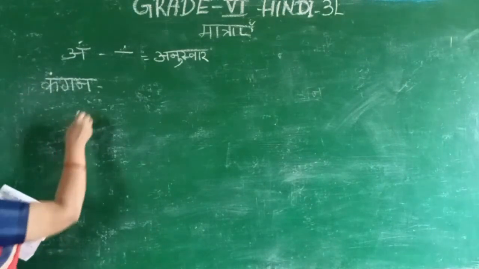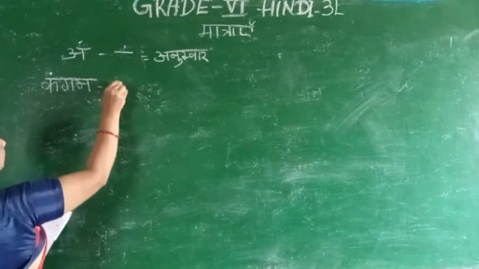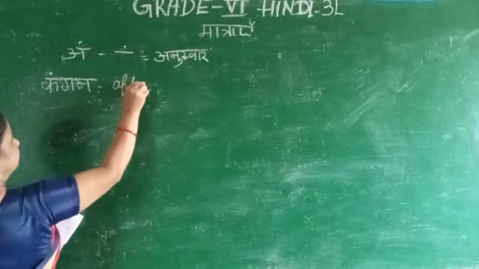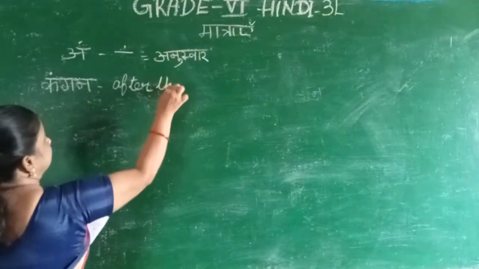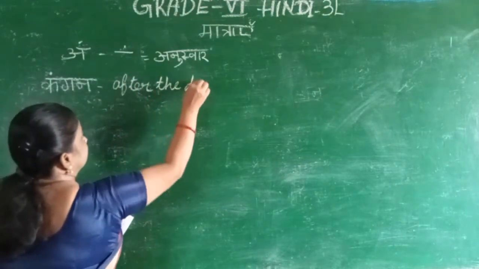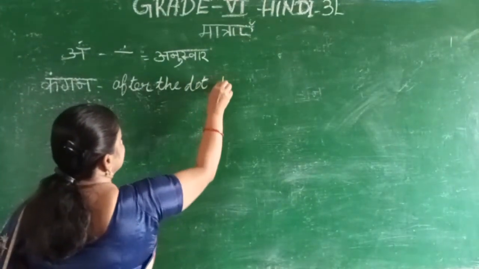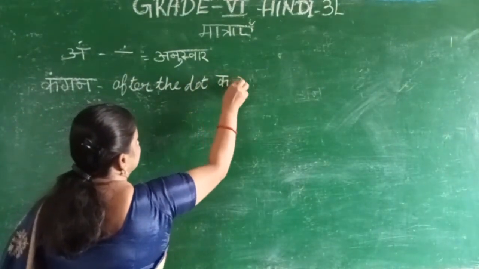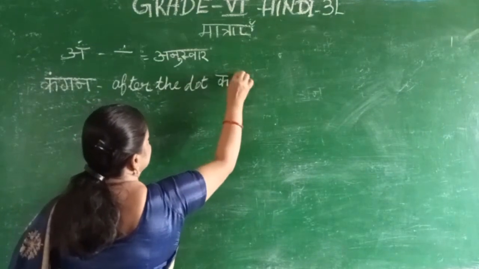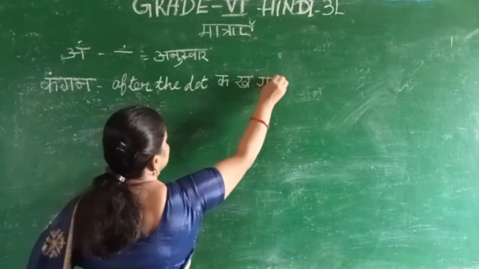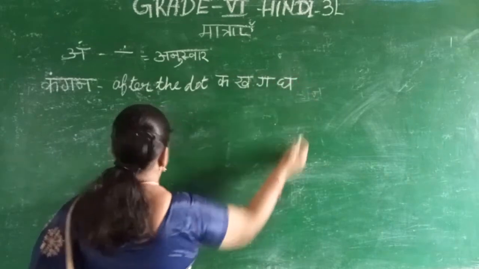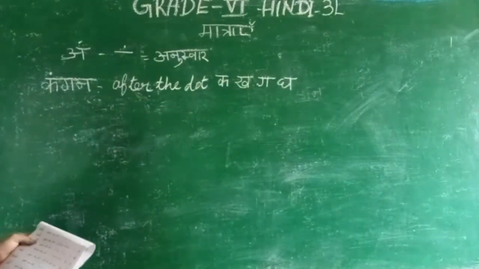See, after the dot, that is ka, ga, gha. How to pronounce this one?